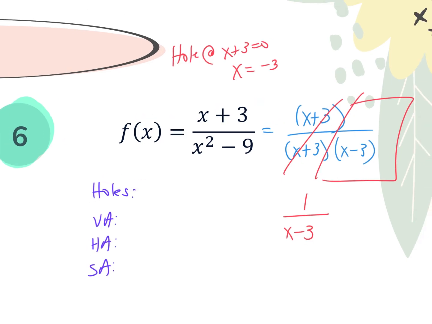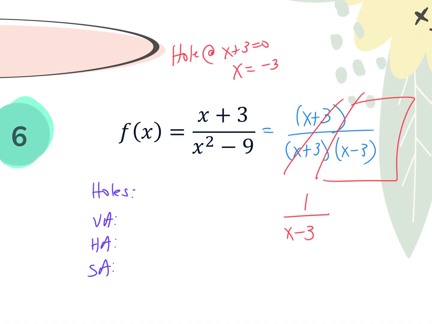So how do I figure out the y part of my hole if I have a simplified version of my function and I know an x value? Plug it in. So I have 1 over negative 3 minus 3 gives me negative 1/6. So where does your hole occur? Negative 3 comma negative 1/6.